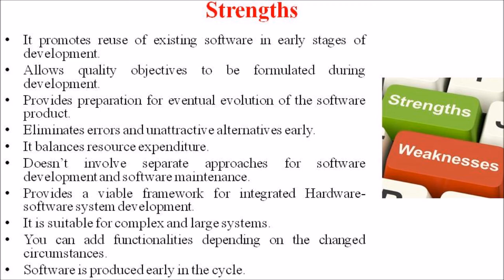And this model balances the resource expenditure. This model doesn't involve separate approaches for software development and software maintenance, and it provides a viable framework for integrated hardware software system development, and it is suitable for complex and large systems, and we can add functionalities depending upon the changed circumstances.